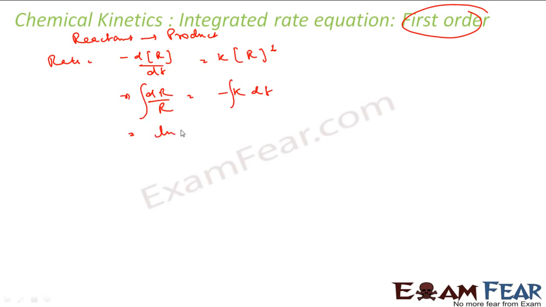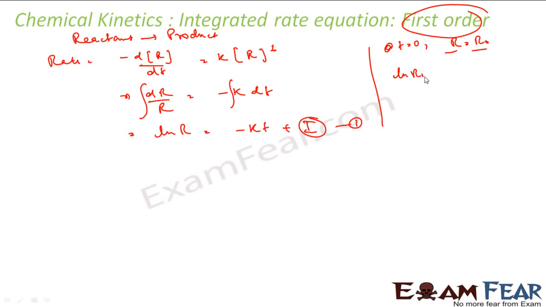What you get is ln R is nothing but minus kt plus some integral constant. To find the value of the integral constant, let's put that at t is equal to 0, R is nothing but R naught, the initial concentration. We have seen this. This R is at any time. So let's put that in equation 1.